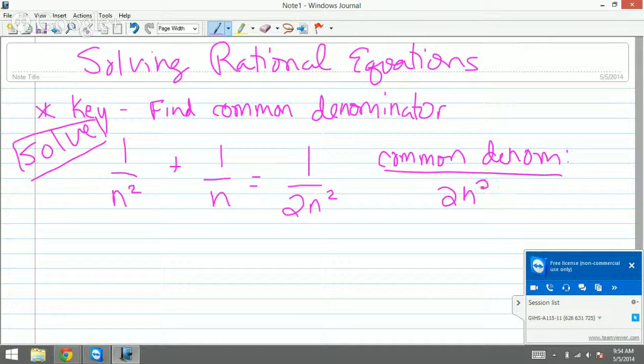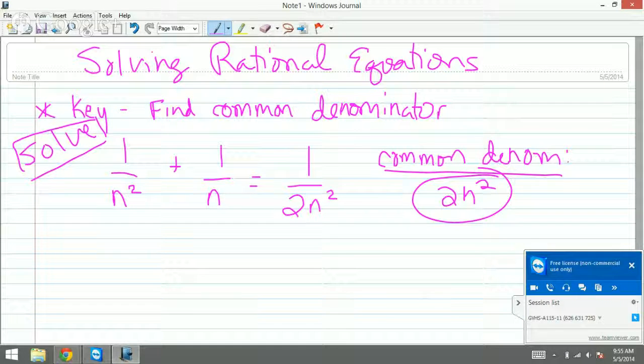I have one candidate. Any others? Okay, n squared is part of it, but there's also a 2 here, right? So we'd have to have 2 n squareds. And this is an n which is also in it, so we should be good with 2n squared.